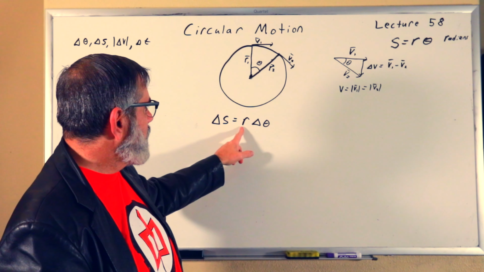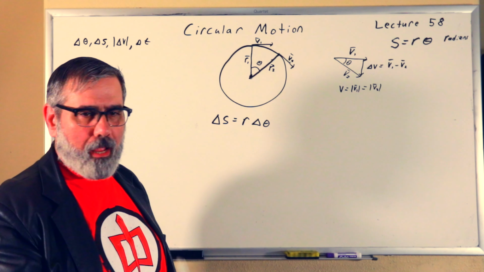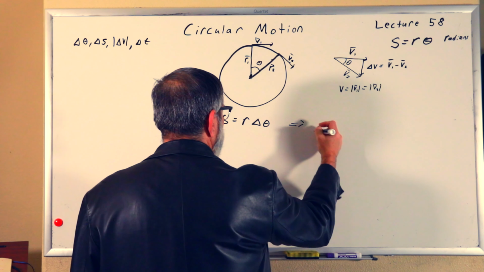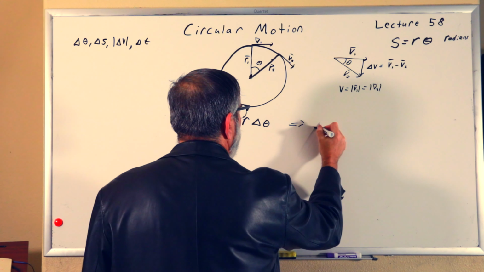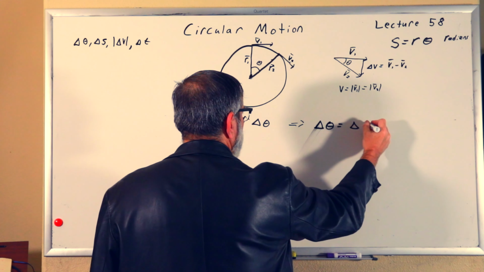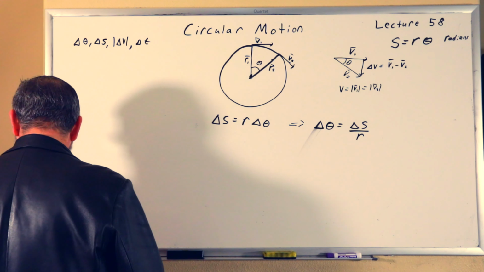The radius, however, is constant, like a fixed string. This implies that delta theta equals delta s over r. Just solve for delta theta.